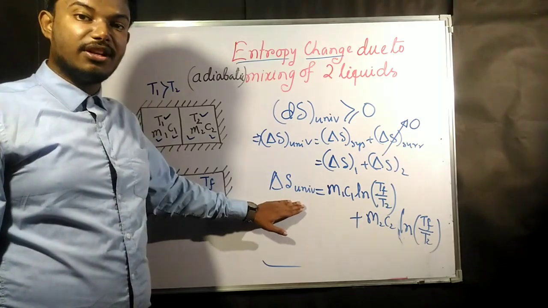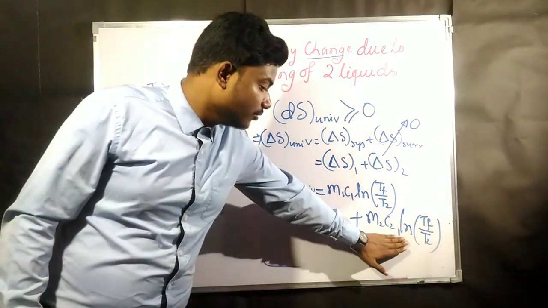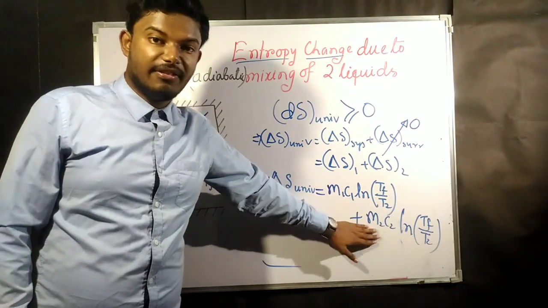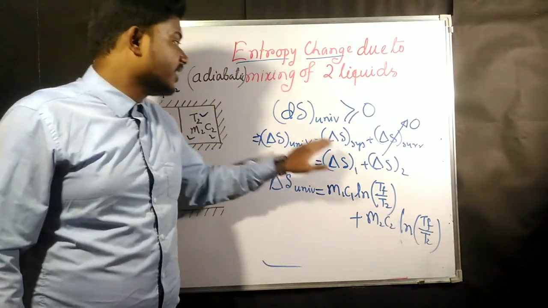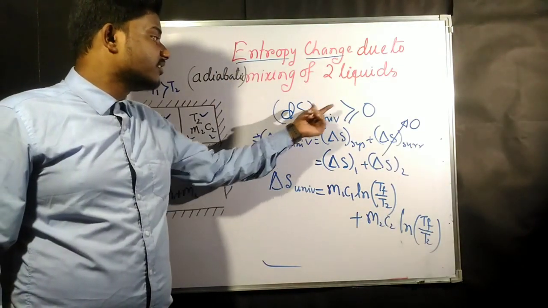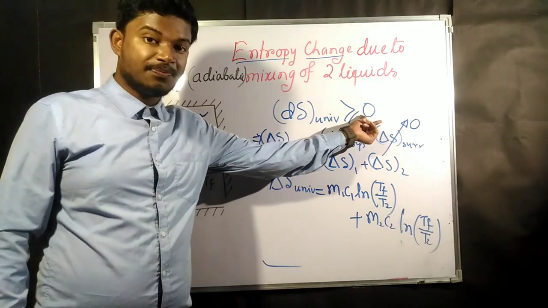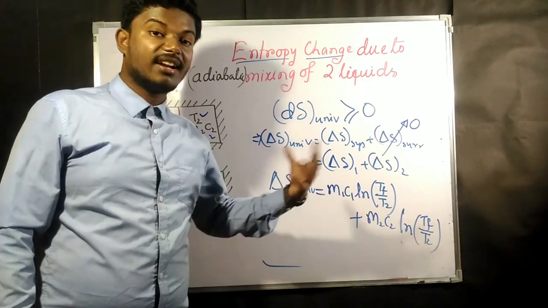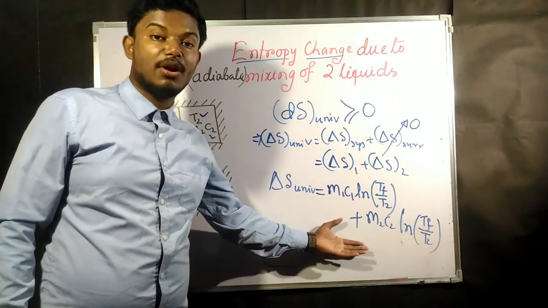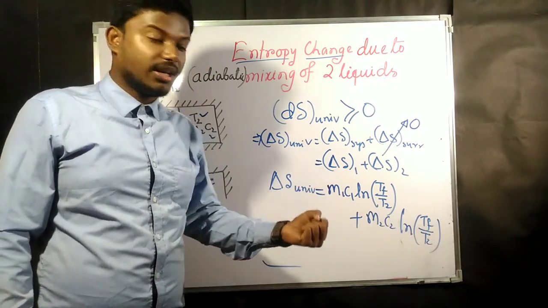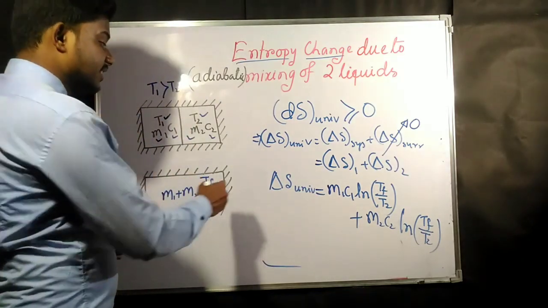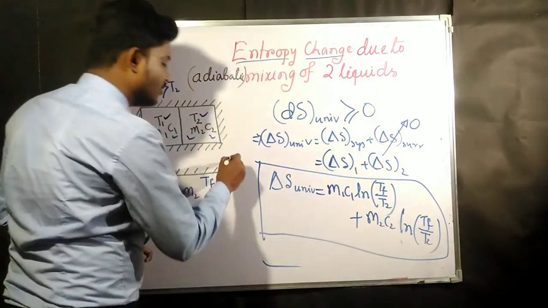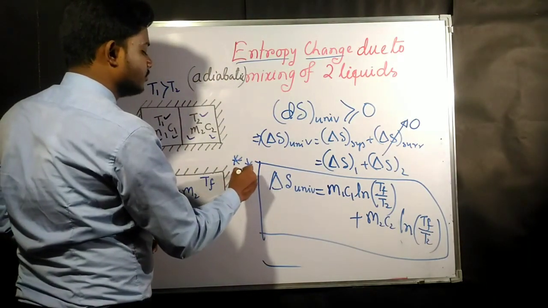The entropy change for the universe is going to have some value, and since we have said that dS universe is greater than or equal to 0, when it is greater than 0, that value is going to be the amount of entropy generated. So this is the expression for the entropy generated due to mixing.